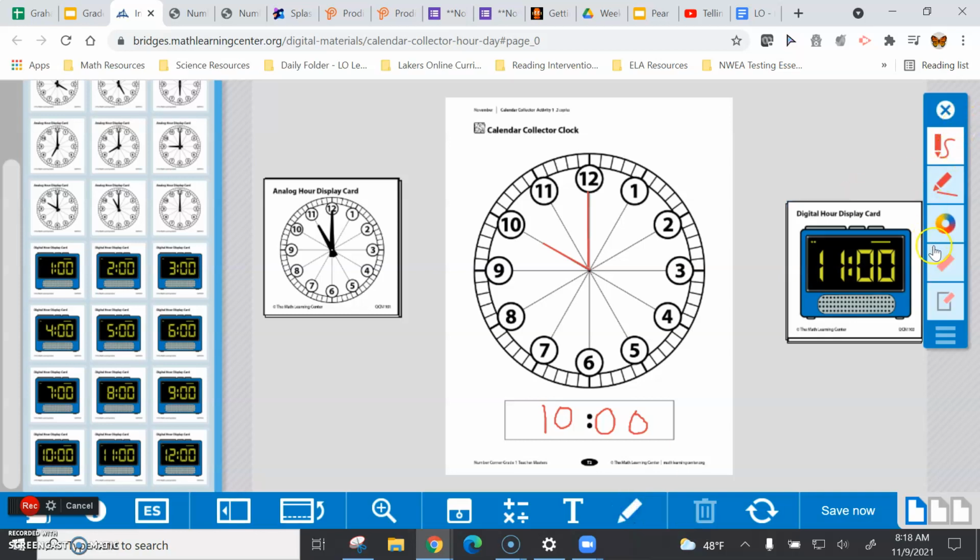We will change the time on our clock to show 11 o'clock. And we are even going to change the hand on our clock so that it really does show 11. So I'm going to take my little hand and draw it on the clock so it now shows 11 o'clock. 11 o'clock. Great job, All-Stars.